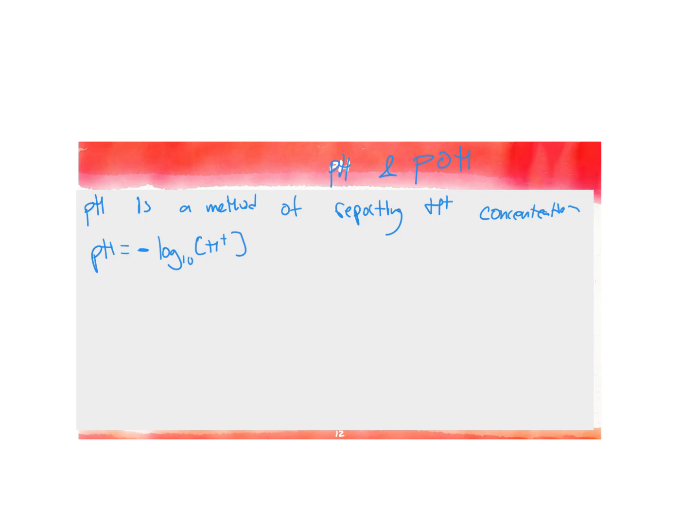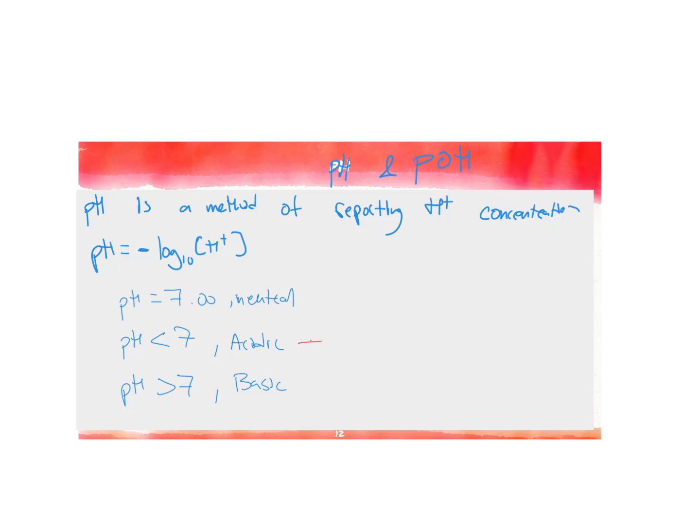What this means is that a pH of 7 is neutral. If the pH is less than 7, then this is acidic. And if the pH is greater than 7, this is basic.